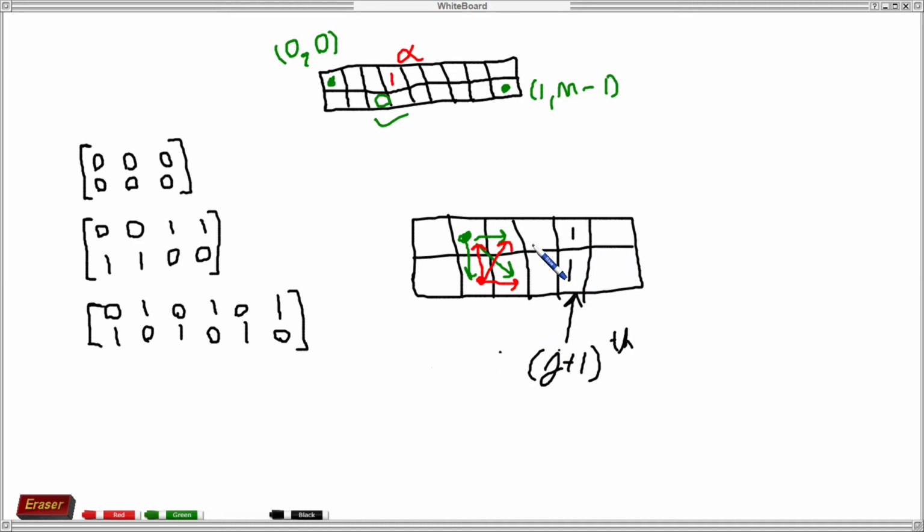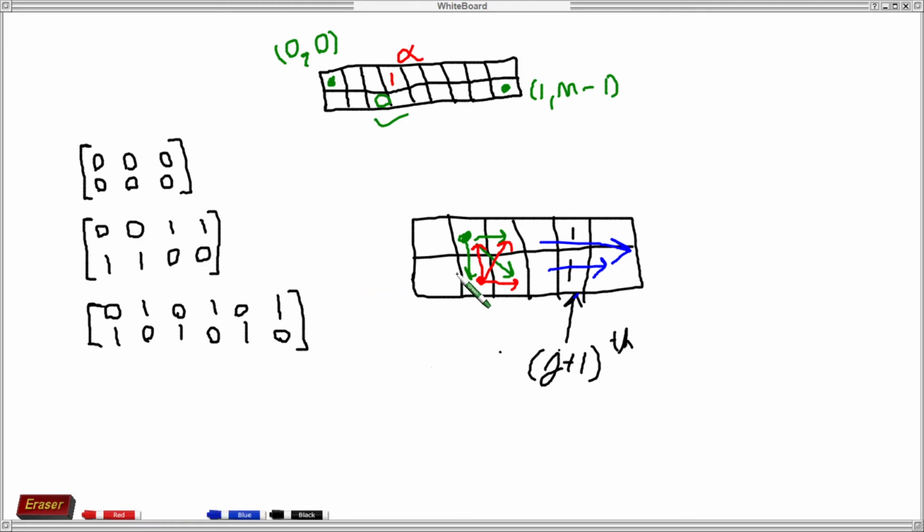Then we can never reach ahead of the j plus 1th column, because we cannot pass through it. Both of these values are 1 and we cannot go to any of these cells, so we cannot go ahead. So that's the main logic of this problem.